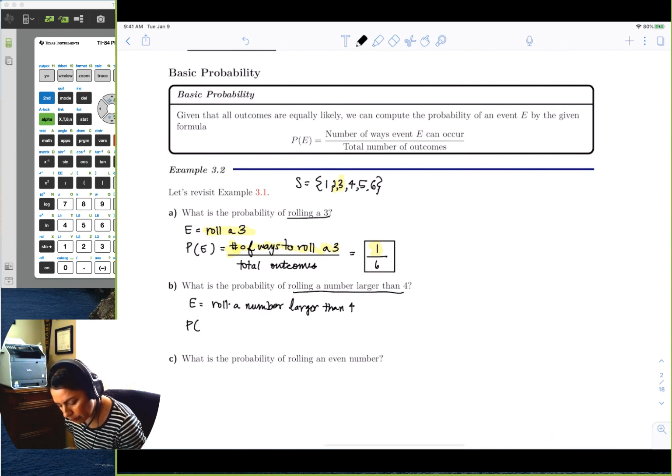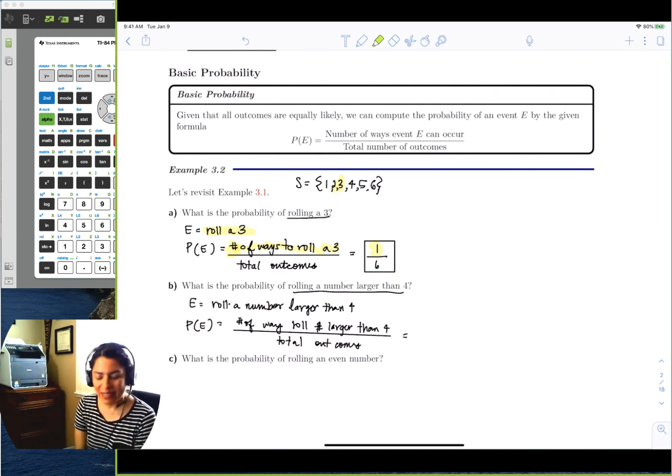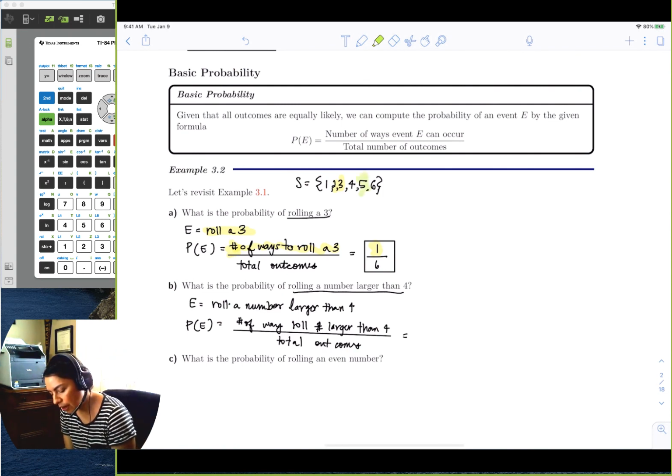So the probability of the event occurring is the number of ways I could roll a number larger than 4 over total outcomes. Okay, so how many ways can I roll a number larger than 4? Does larger than 4 include 4? If I said, is 4 larger than 4? No. So anything larger than 4 would be 5 or 6.